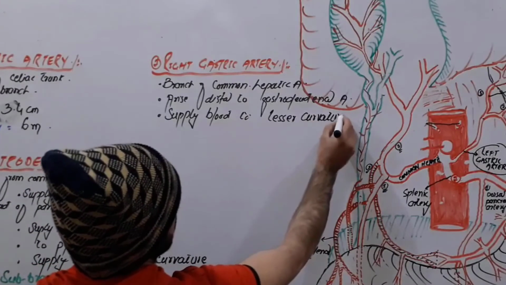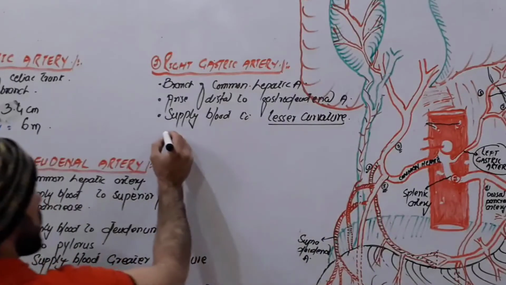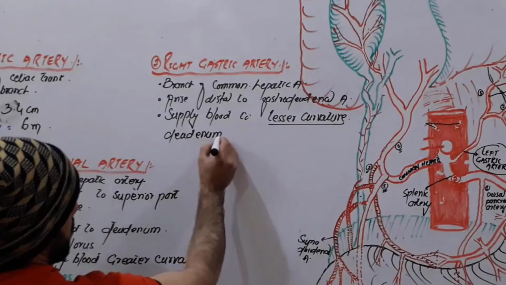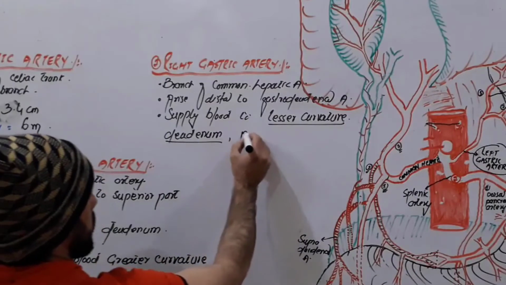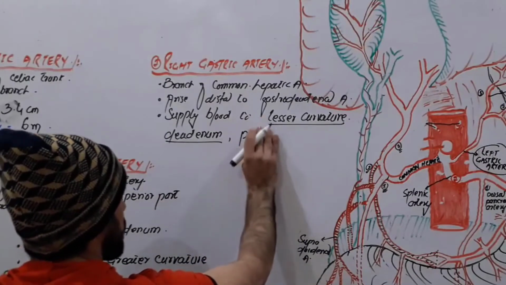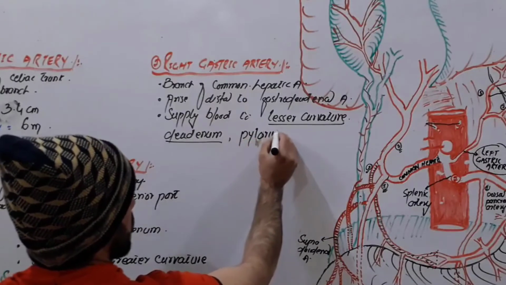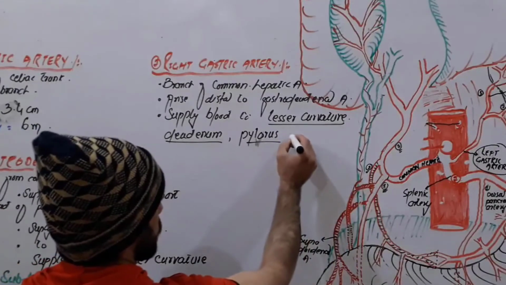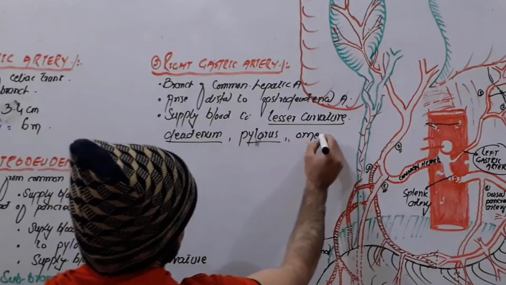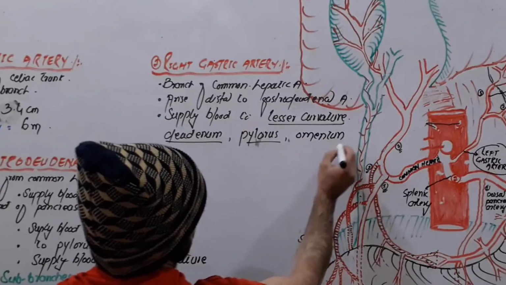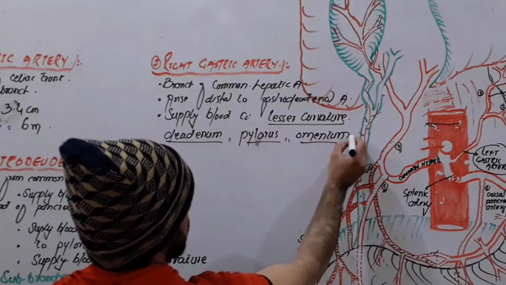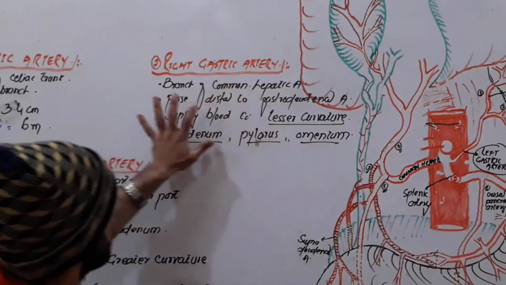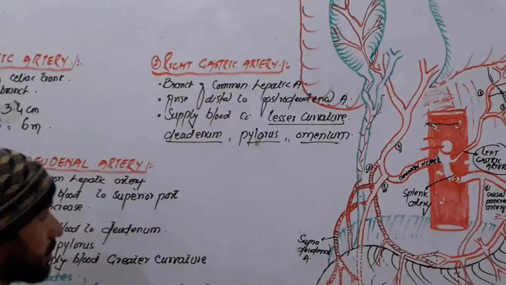Okay, the first point, the lesser curvature, the duodenum, this is the second, and the pylorus of the stomach. So these, and some omentum also. The lesser omentum, right? So these four parts receive their blood supply from this right gastric artery.